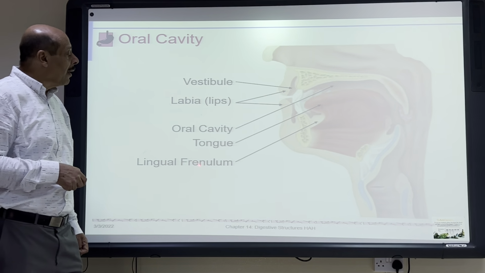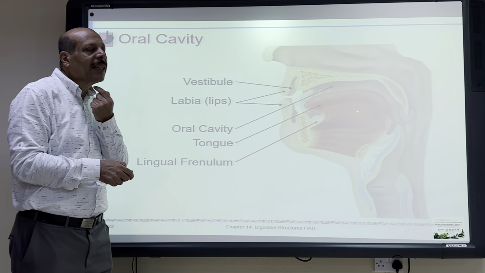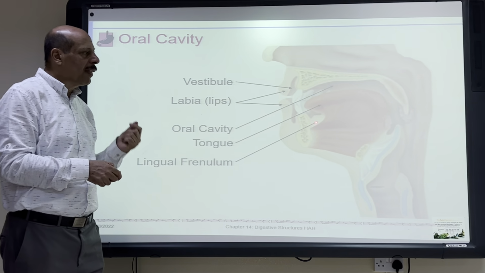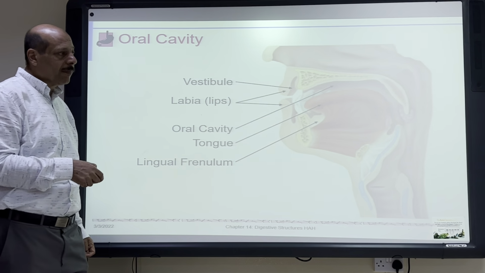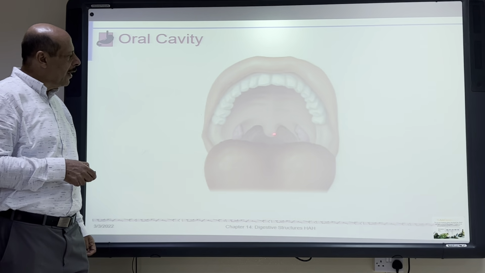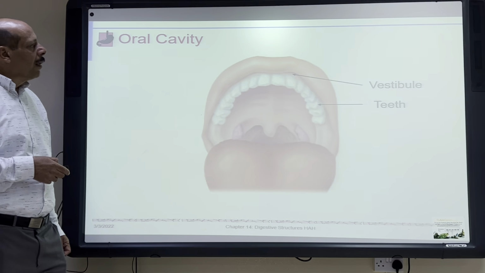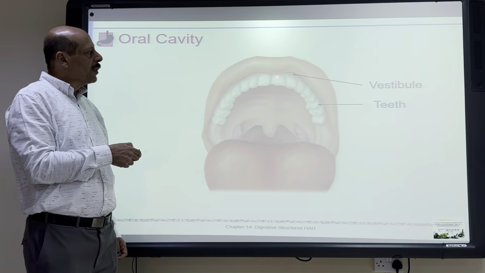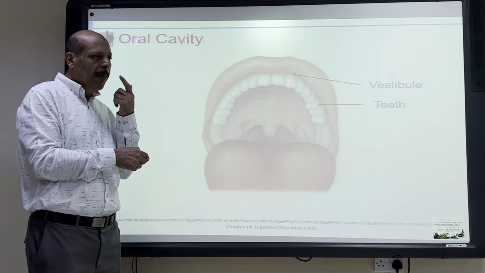This is the frenulum, the binding between the tongue and the lower jaw. This is the uvula. Those are the tonsils, both sides, the tongue and the teeth. And this is the vestibule in between the lips and the gum and the teeth.